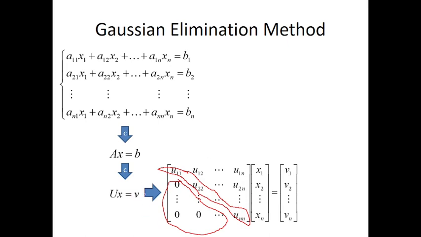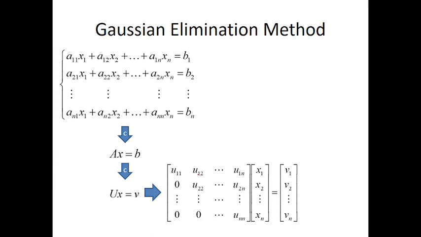Now, when we transform it to an upper triangular matrix, in this equation, Ux equals v, some of the values will change. Some of the elements, the value of the elements will change. So let me give you an example later.